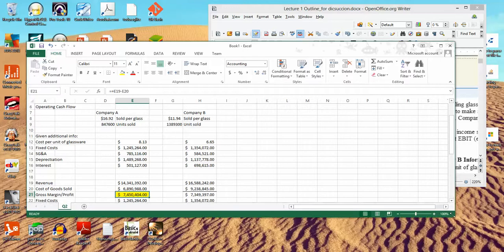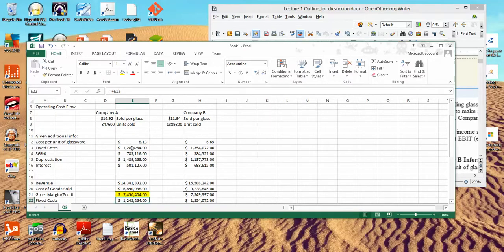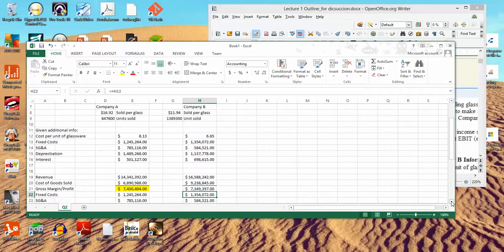Fixed costs, they really don't change. You've got to put up a building, whatever's fixed. Obviously, it just doesn't change. So all I do is carry it down, E13 right here, and then H13. Then I'm going to subtract that to get to our net income. Selling and general administrative, 785.